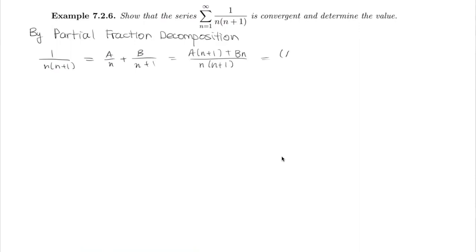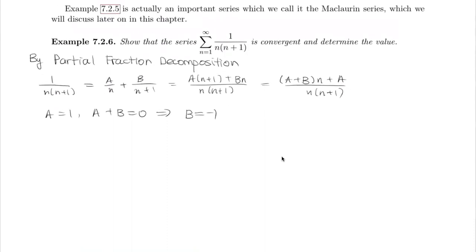That's also equal to a plus b times n plus a, and the whole thing is divided by n times n plus 1. So obviously a is equal to 1, and a plus b is equal to 0, so that means b has to be negative 1.